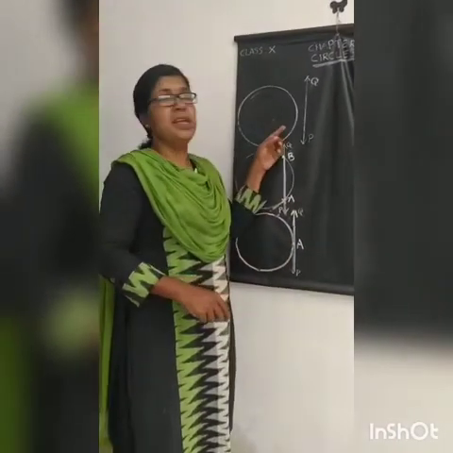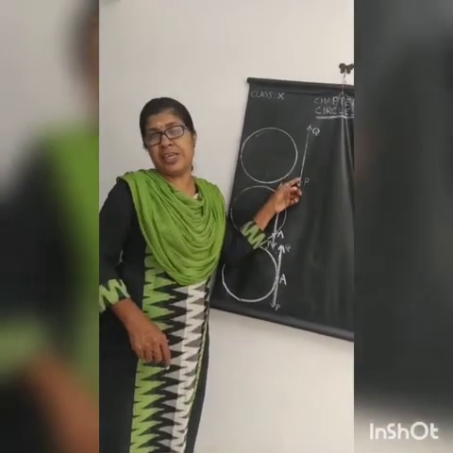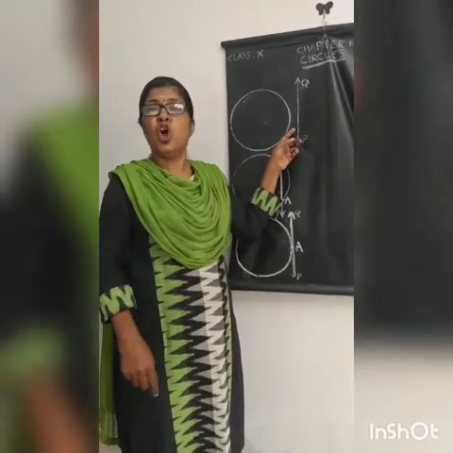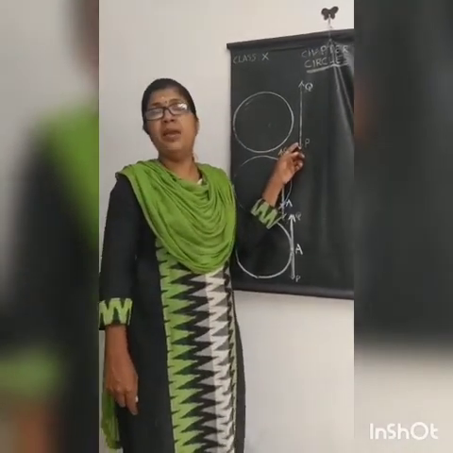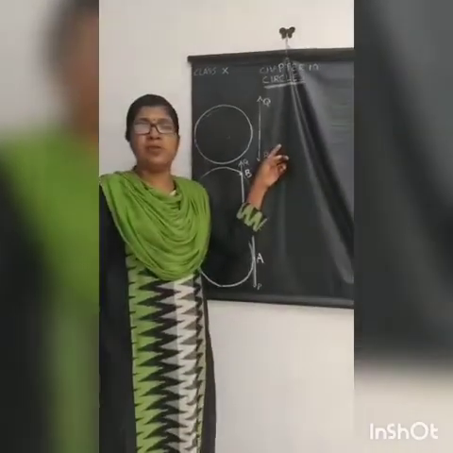In the first case, line PQ and the circle are not intersecting. That means the circle and line PQ have no common point. In this case, we can say that PQ is a non-intersecting line with respect to the circle.